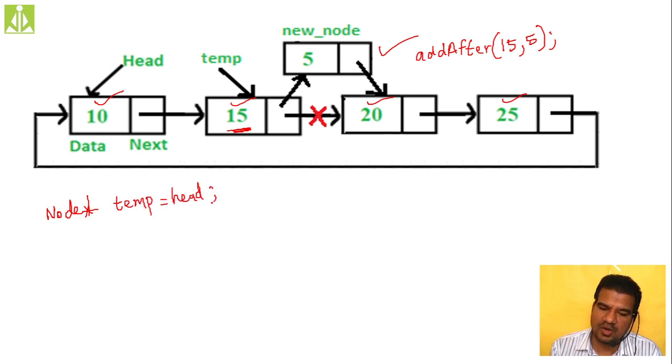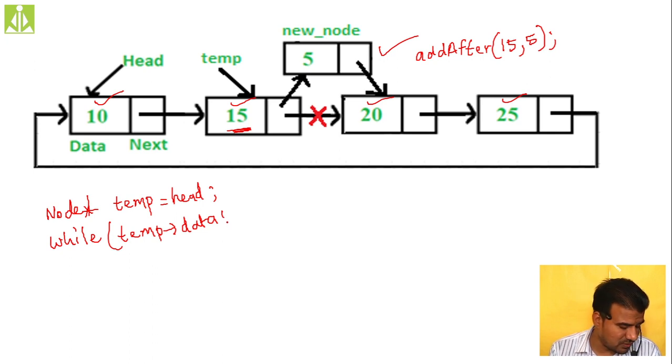First you take the head location, then make it travel while temp of data is not equal to 15. I mean, exactly at that location we have to stop the pointer, so temp of data equals 15.